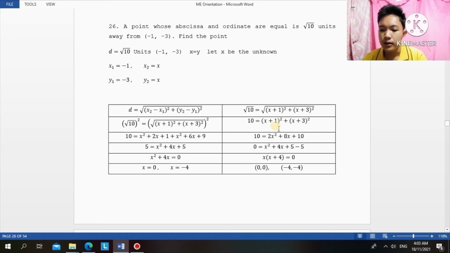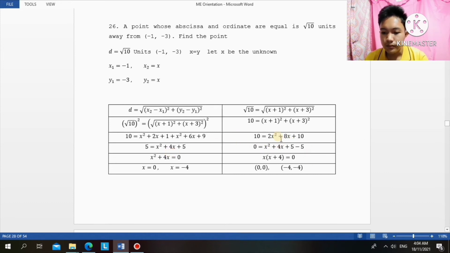So expand: 10 is equal to x squared plus 2x plus 1 plus x squared plus 6x plus 9. Combine like terms: x squared plus x squared is 2x squared, then 6x plus 2x will become 8x. After that, 1 plus 9 is equal to 10. So our equation will be 10 is equal to 2x squared plus 8x plus 10.